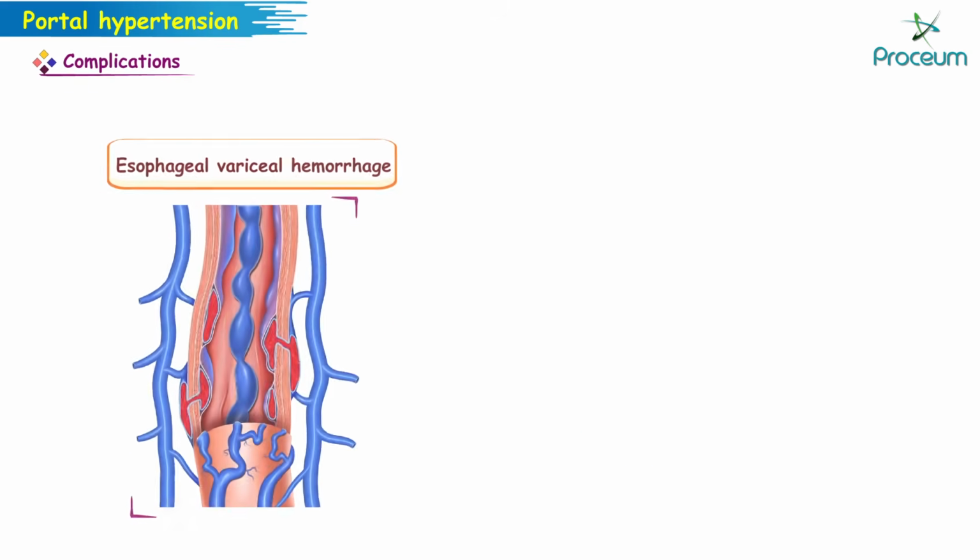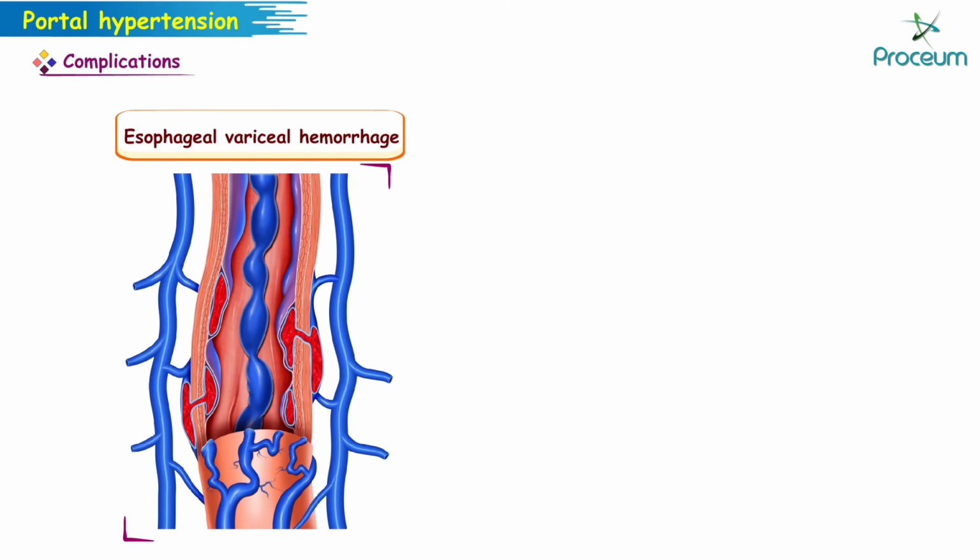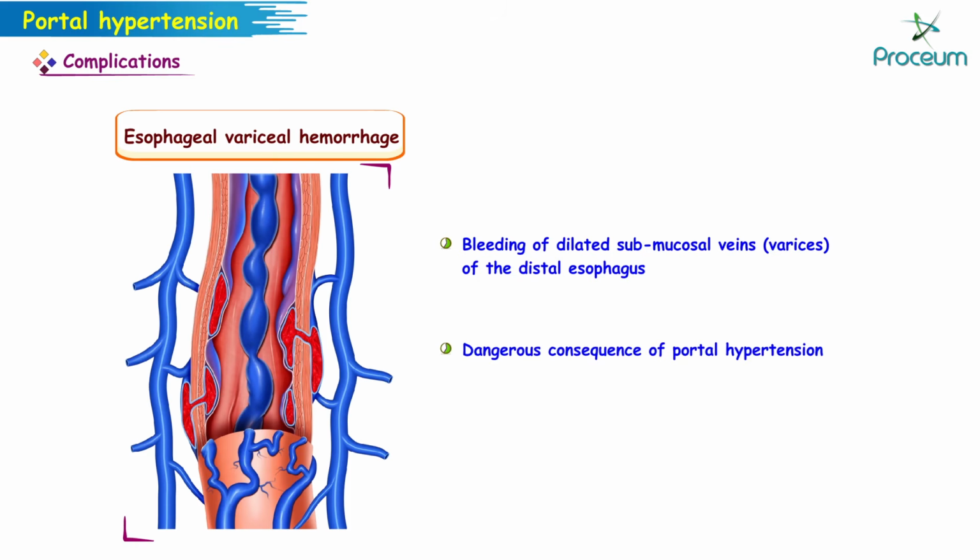Complications: complications include esophageal variceal hemorrhage, which refers to bleeding of dilated submucosal veins of the distal esophagus and is a dangerous consequence of portal hypertension. It is the most common form of upper GI bleeding in patients with cirrhosis.